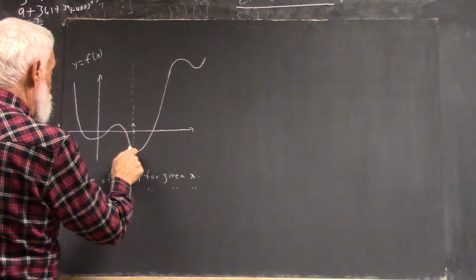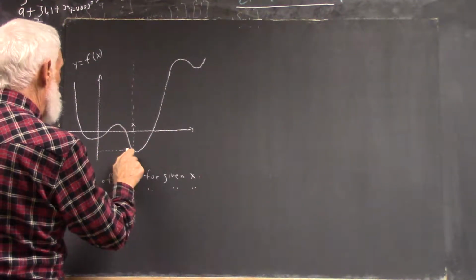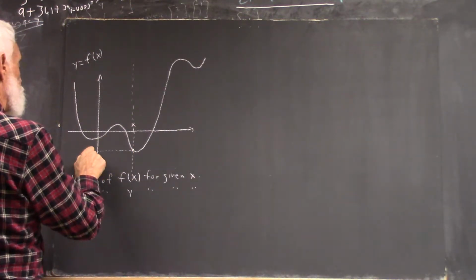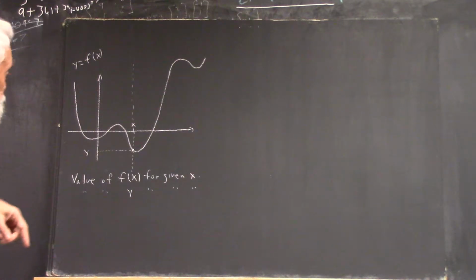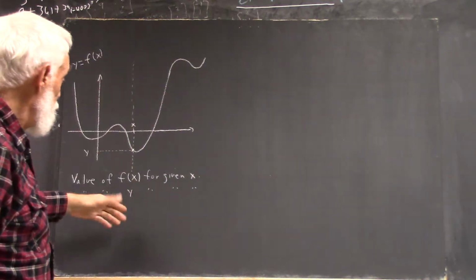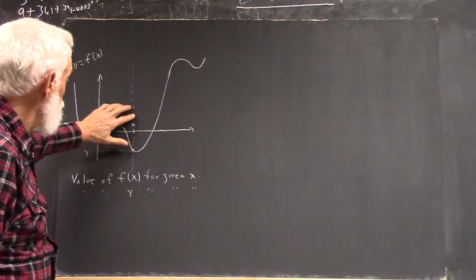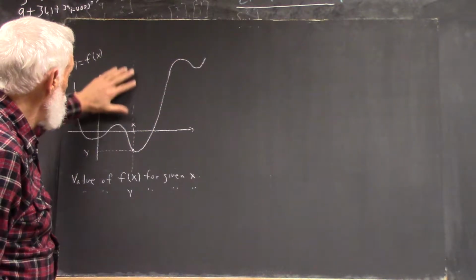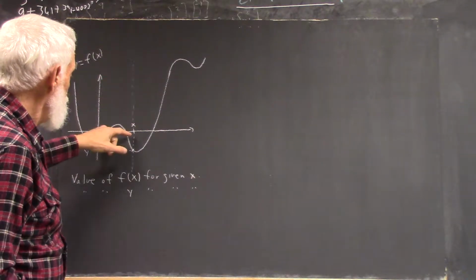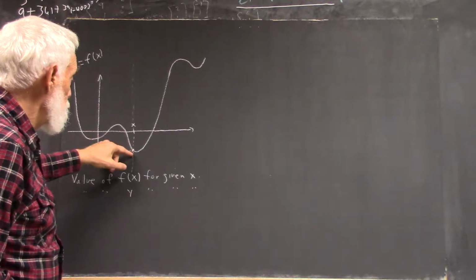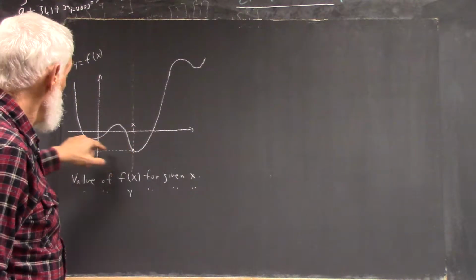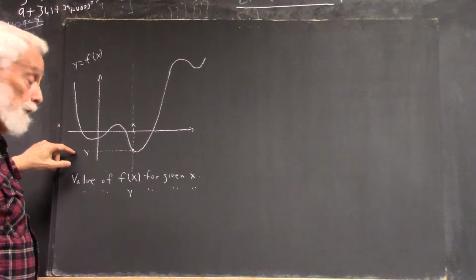That would be this point, and the y value is just the y-coordinate of that point. And you don't need this whole line. You could do without the part above and below the axis and just use this little projection line here, and you project over here, and you get the y value.